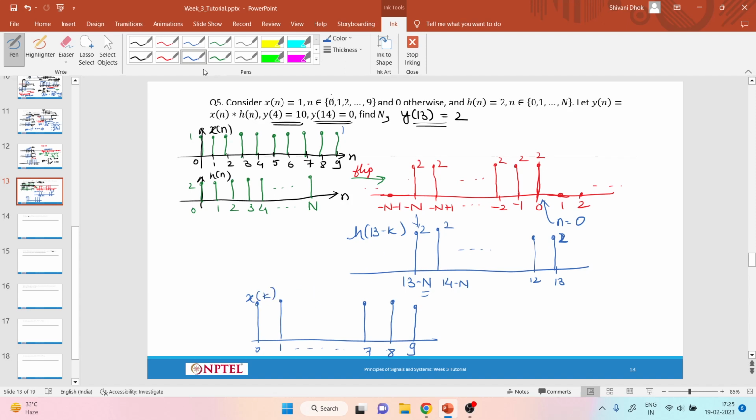So y of 13 will be equal to 2 only when there is one overlap, which means only this overlap should be there.